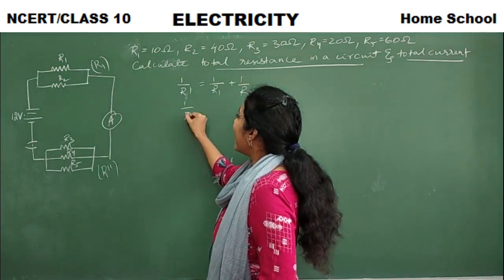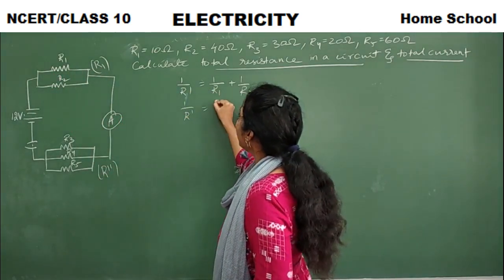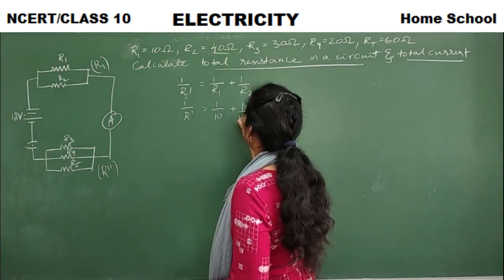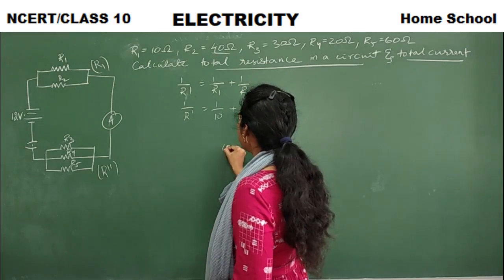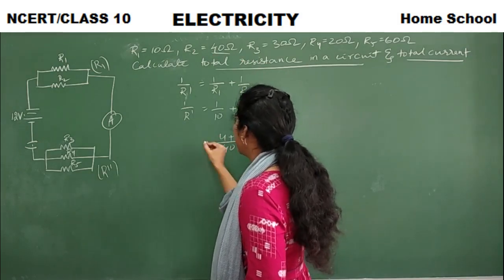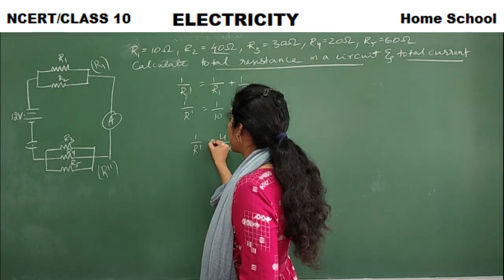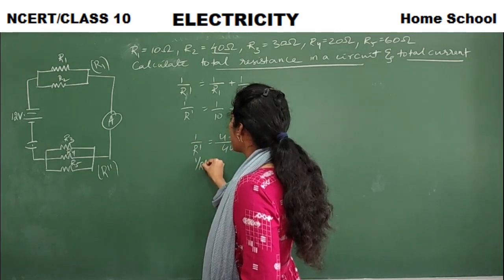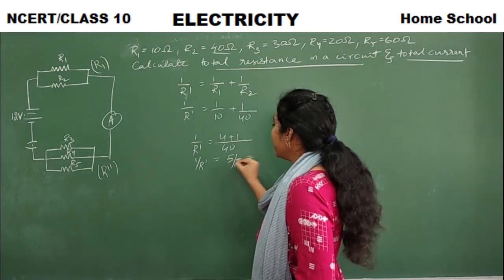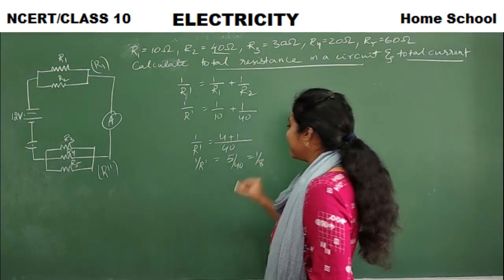So 1 by R dash is equal to 1 by 10 plus 1 by R2 value, which is 40. The LCM is 40, so here 4 plus 1. 1 by R dash is equal to how much? 5 by 40, which is equal to 1 by 8, isn't it?